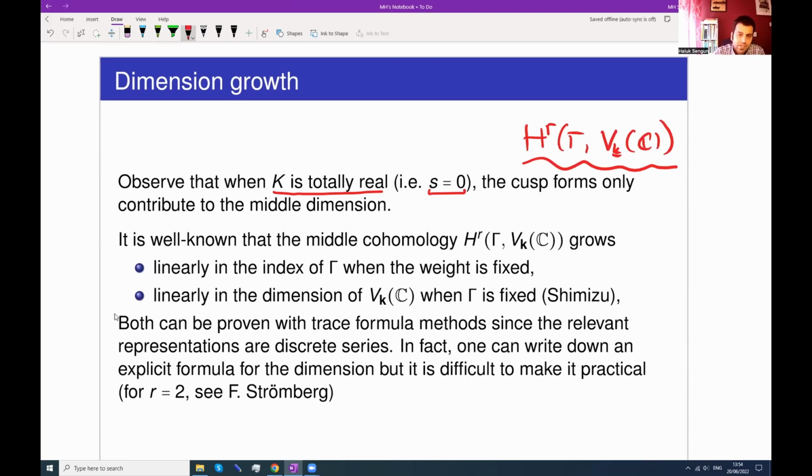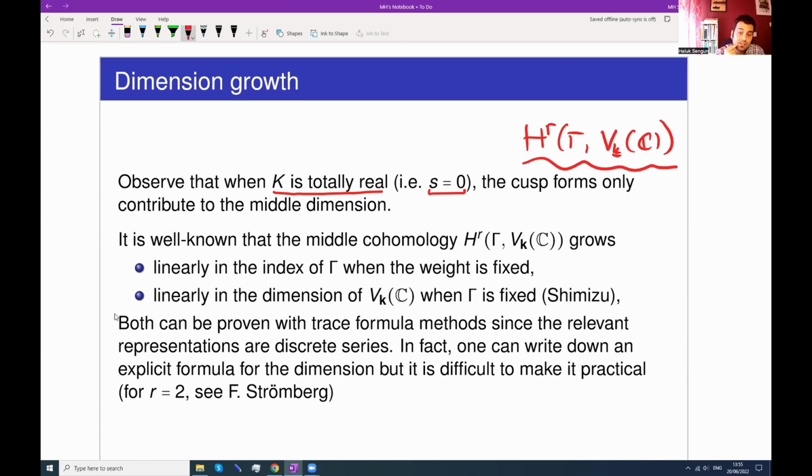And the good thing about this totally real case is that the quotients are maybe after some kind of compactification, they're complex points of some projective algebraic variety. So you're in a Shimura variety situation. So that's quite good. You have a lot of tools from algebraic geometry like Riemann-Roch, or even perhaps you don't even need to go to Riemann-Roch.